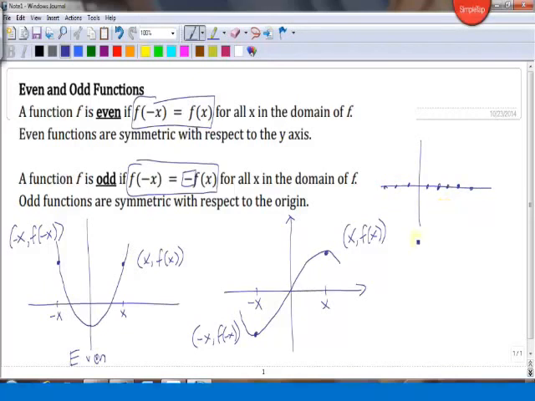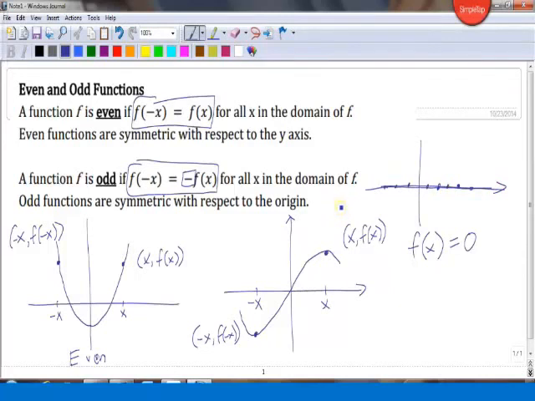Let the domain be whatever you want it to be, but that's the only function that can have x-axis symmetry. It's also the only function that can be both even and odd. Let the domain be the set of all real numbers. Its graph is the x-axis. There it is. That's the only function that's both even and odd.